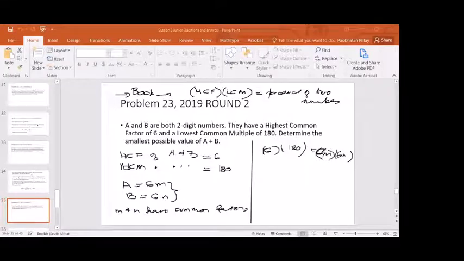So you get 36MN equals 6 times 180. So 36 goes into 180 5 times. So MN is equal to 5 times 6, which is 30. M times N.